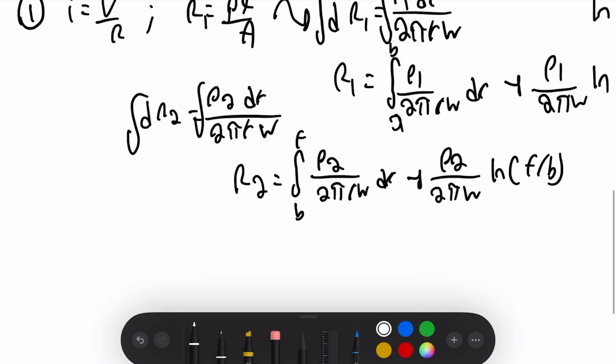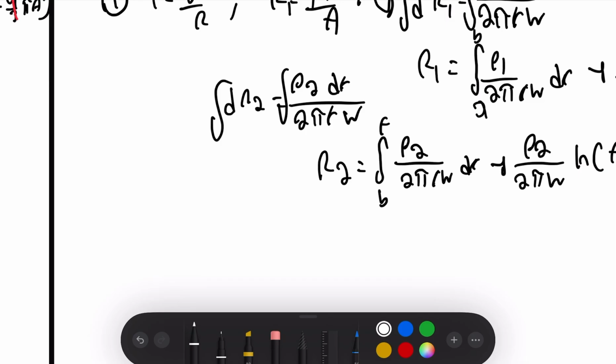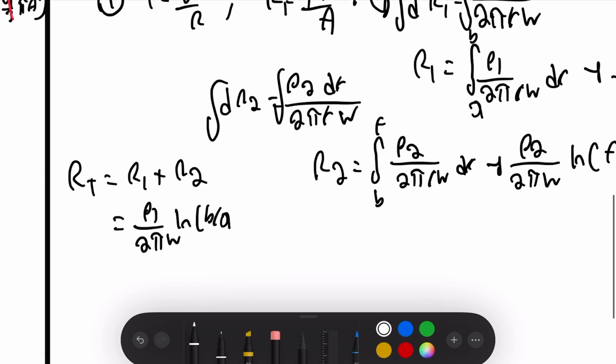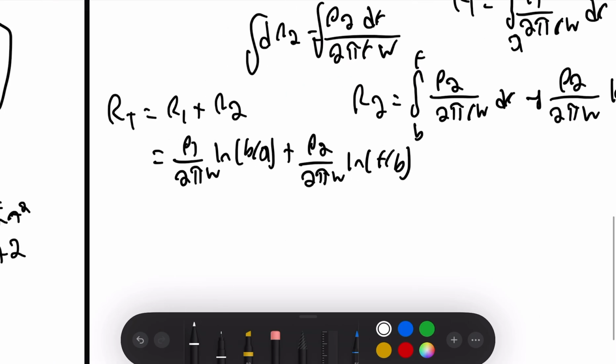And then the total resistance of my cylinder would simply be the sum of those. So R1 plus R2, which is rho 1 over 2 pi W ln of B over A plus rho 2 over 2 pi W ln of F over B. And I can simplify this a bit because they have the same denominator.